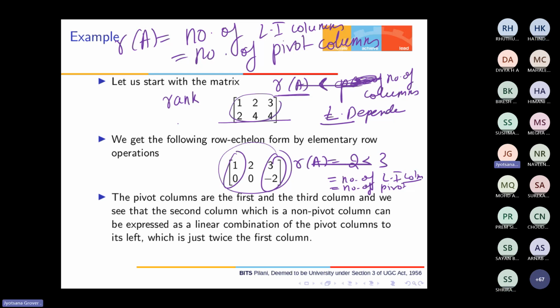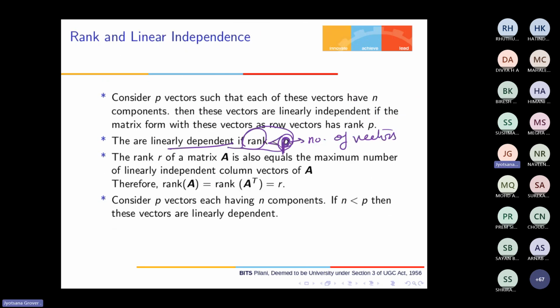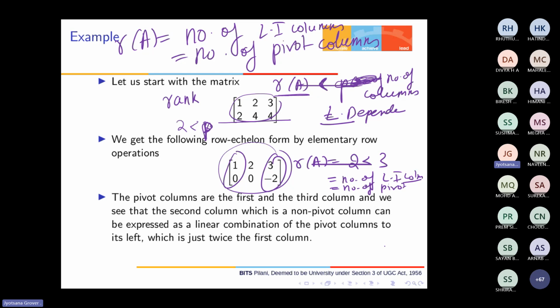Here the rank of A is 2, which is less than p, the 3 columns we took. If it is equal, then independent. The rank equals the maximum number of linearly independent vectors, which here is 2.